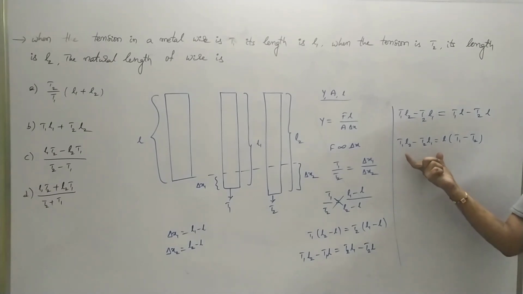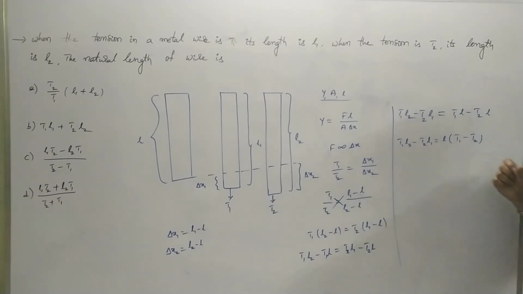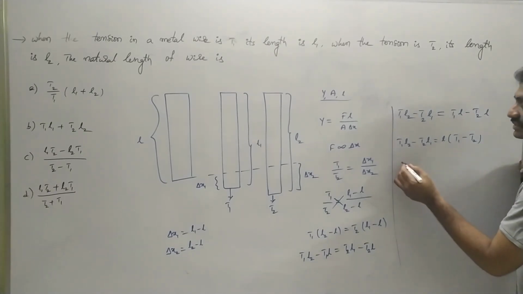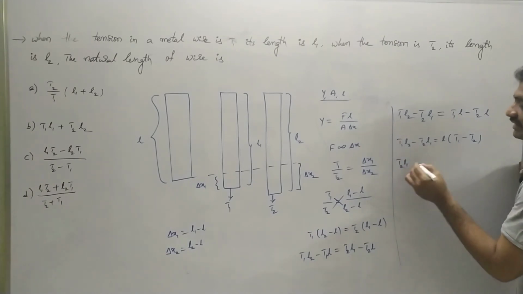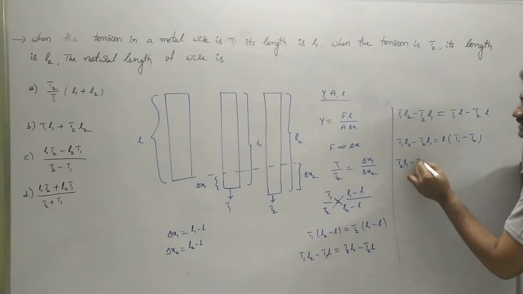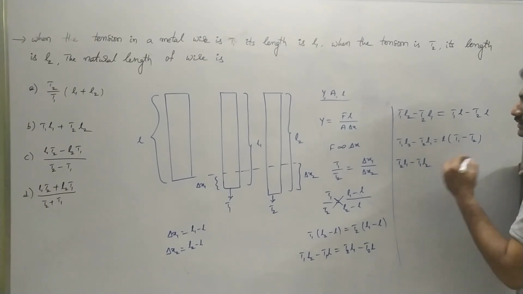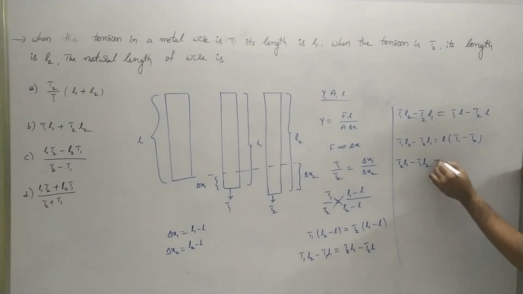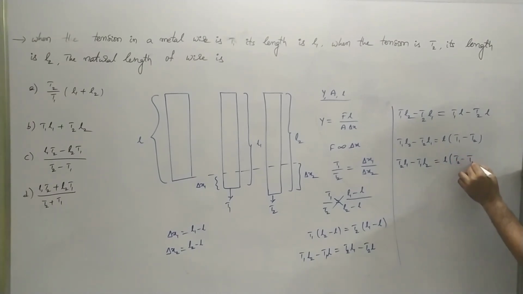Here I am going to multiply a minus sign on both sides. As we multiply the minus sign on both sides, the expression can be represented as T2 L1 minus T1 L2 equals L into T2 minus T1.